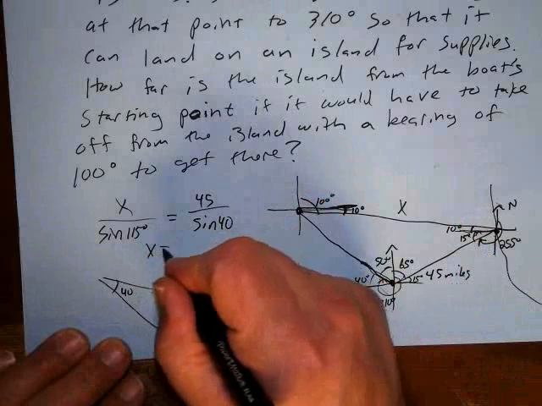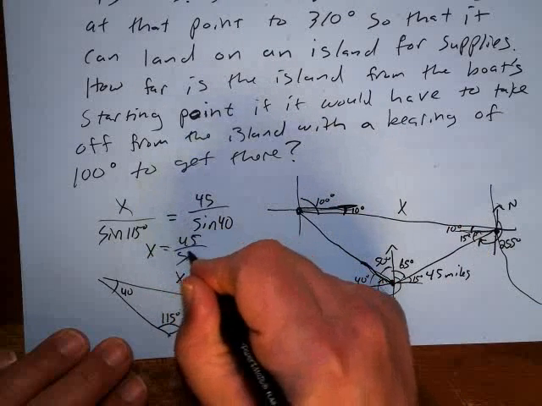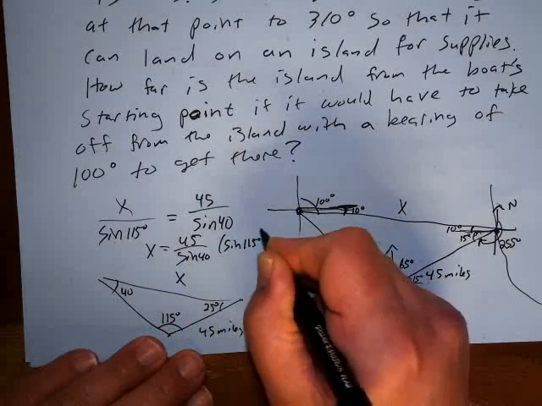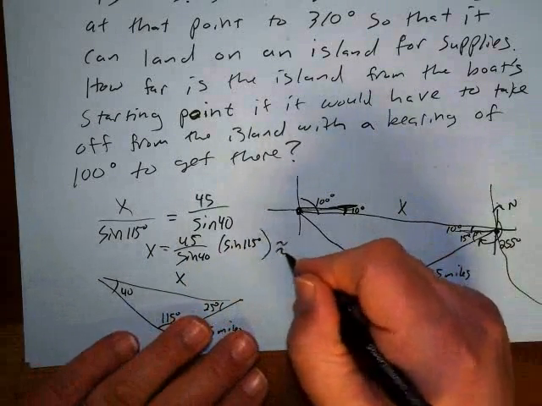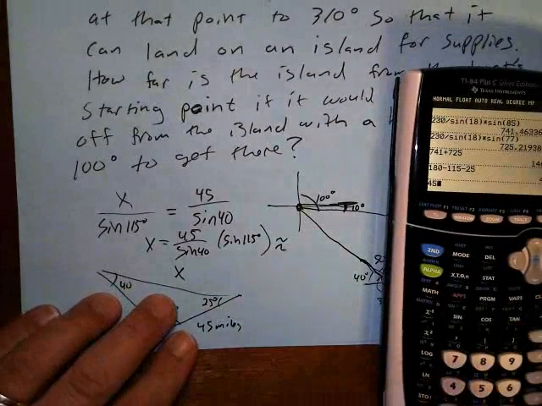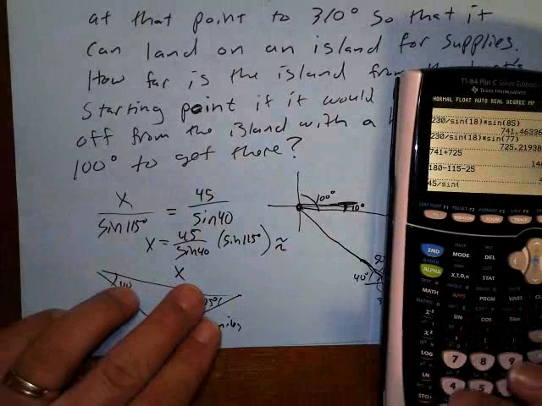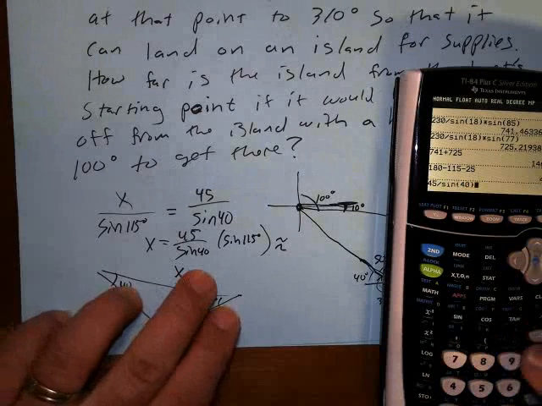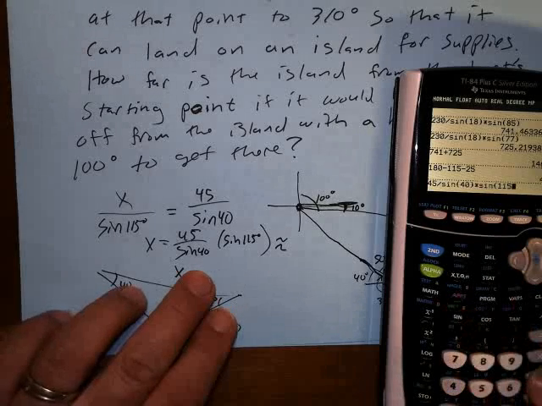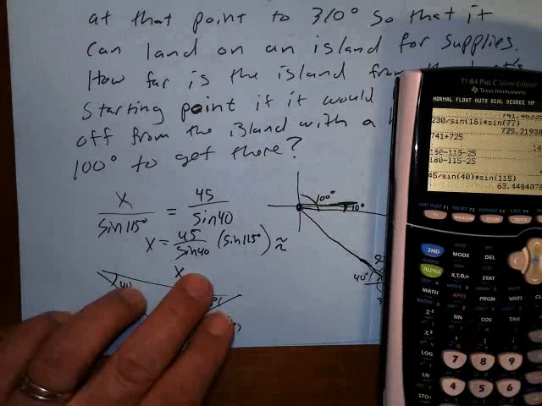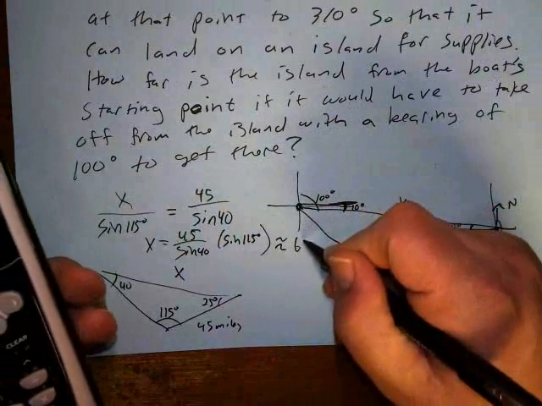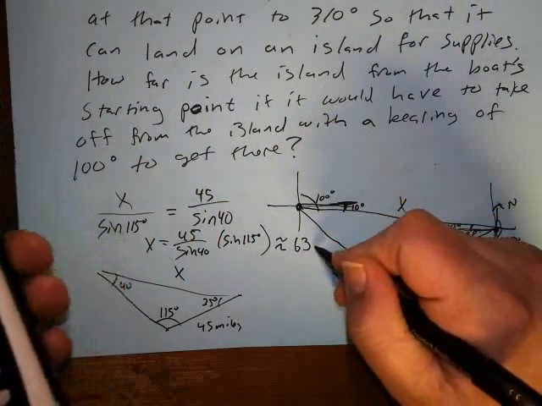Okay, so x is equal to 45 divided by the sine of 40, times the sine of 115 degrees. 45 divided by the sine of 40 times the sine of 115, and this is 63 miles.